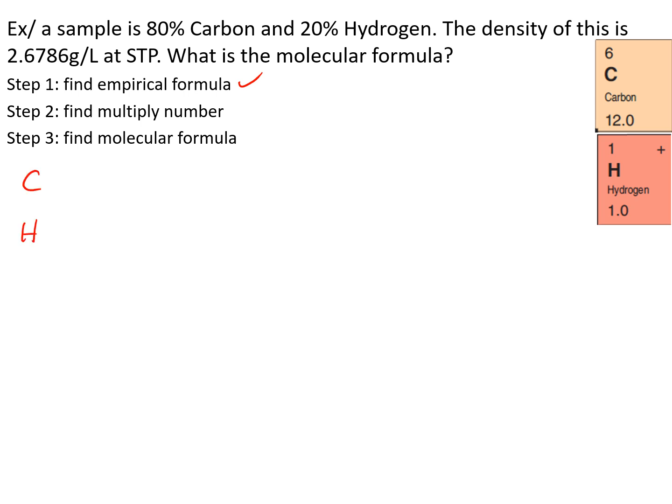So carbon, hydrogen, 80% carbon means 80 grams.